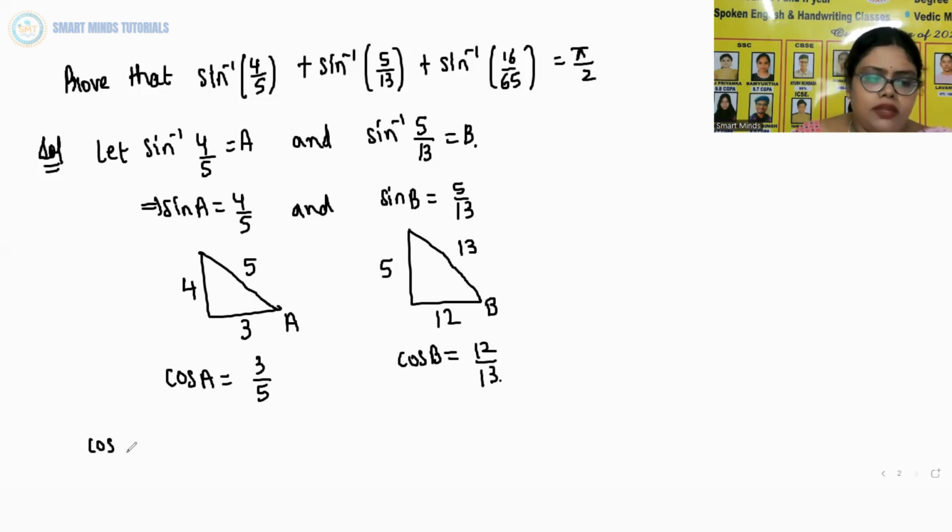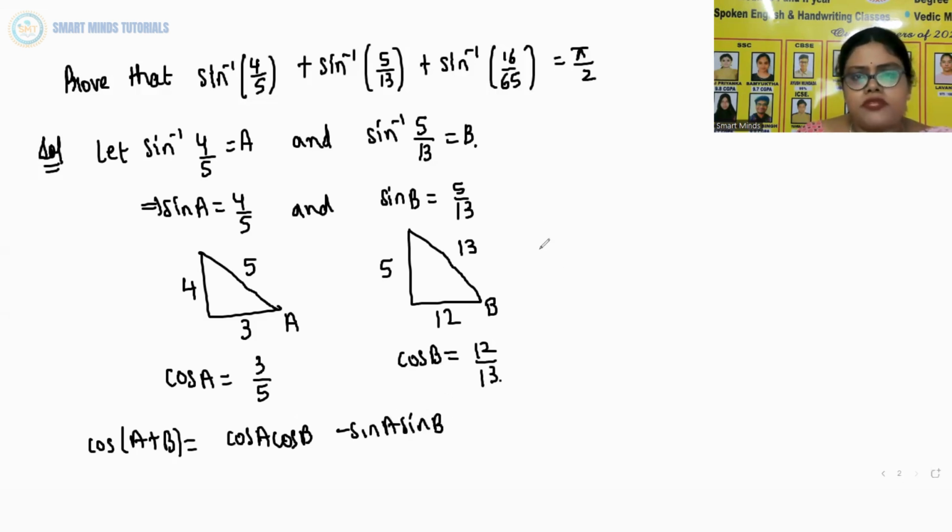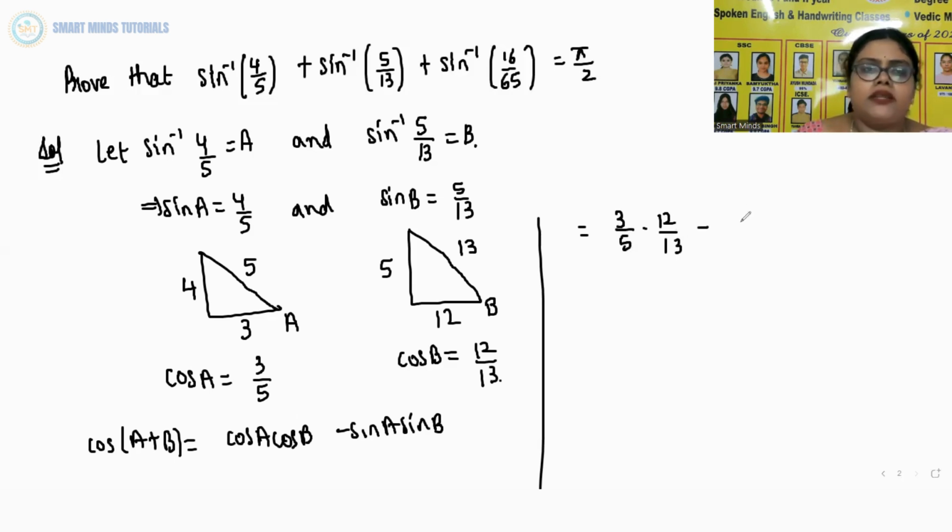Now we know that cos (A plus B), what is the formula? Cos A cos B minus sin A sin B. So if you substitute the values, cos A is 3 by 5, cos B is 12 by 13, minus sin A is 4 by 5, sin B is 5 by 13.